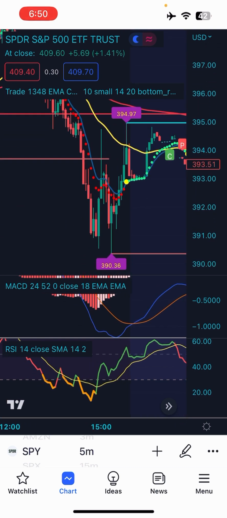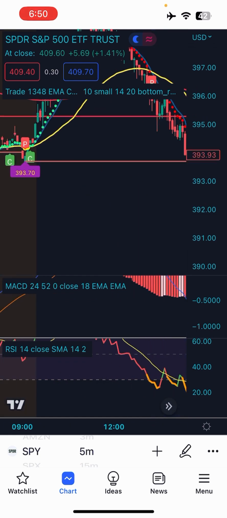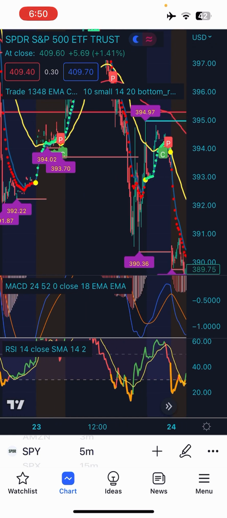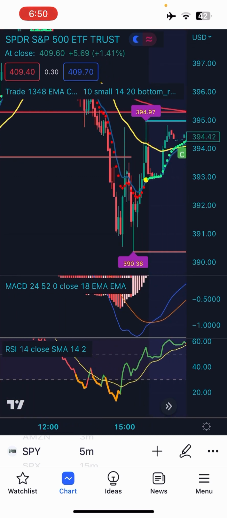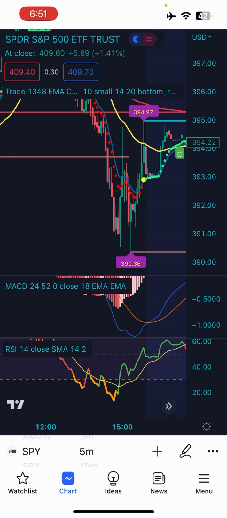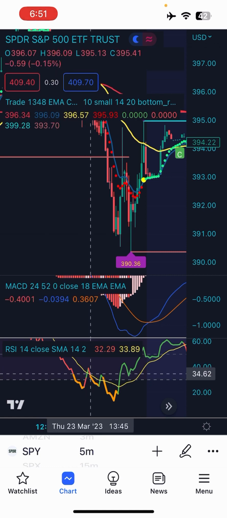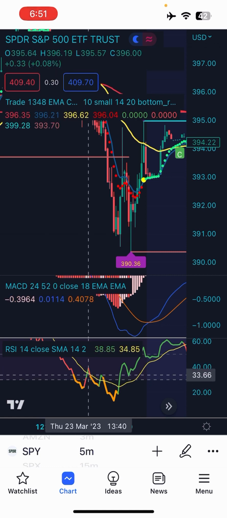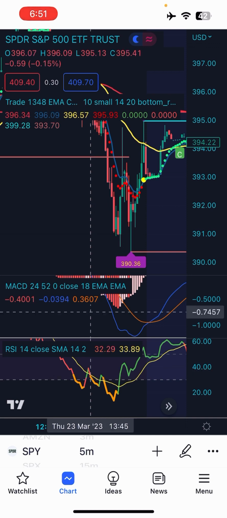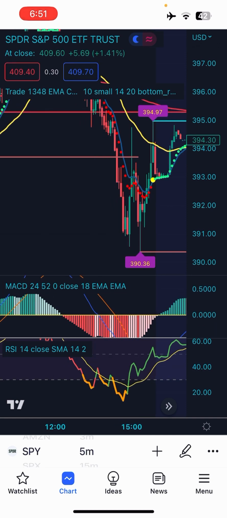And when do you get out? You use the prior levels, right? But you use the RSI and the MACD as confirmation. If you see this right here, you know, all right, it's going down. It has the strength. You can see it in the MACD.